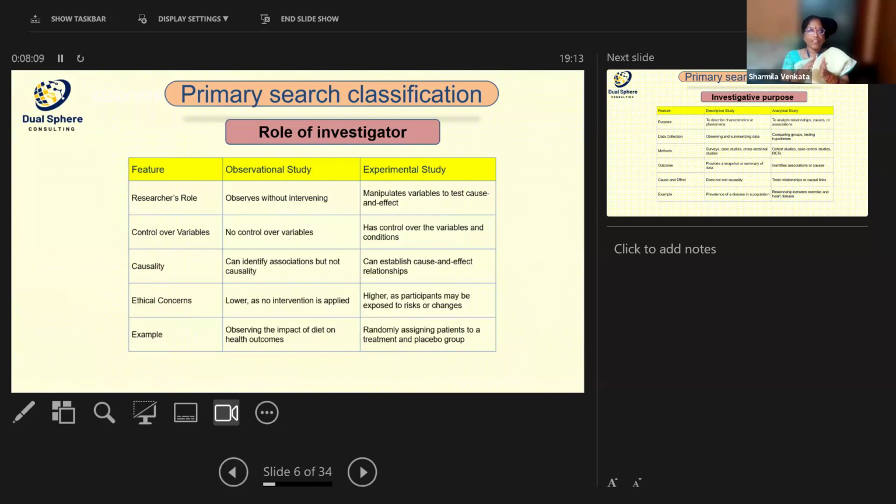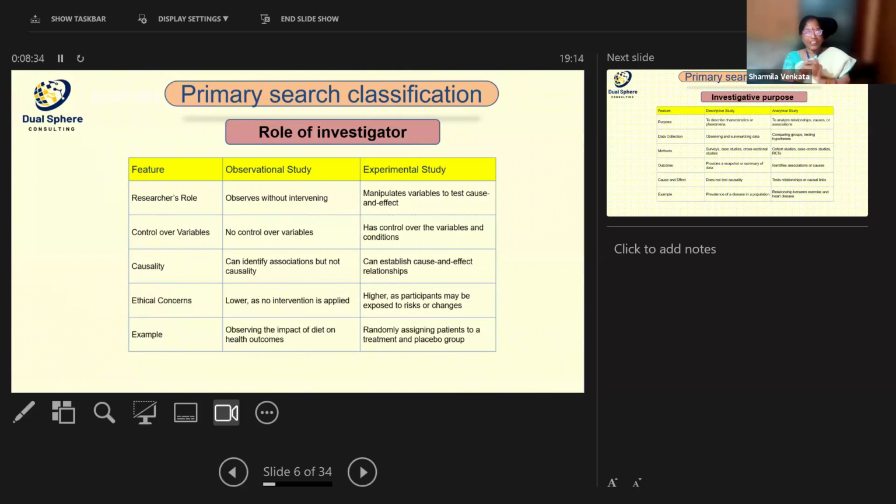If the researcher only observes what is happening naturally without interfering, the study is observational. This single question forms the backbone of classification. It determines whether a study is about controlling the exposure or simply watching real world events unfold.